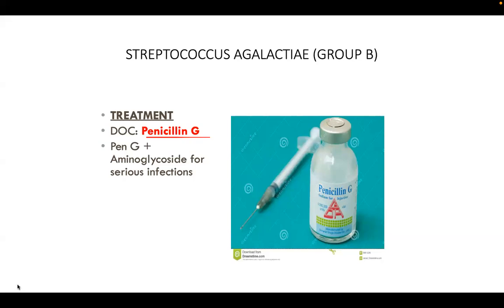So always remember, first line is penicillin. Let's emphasize that. First line is penicillin. We add aminoglycosides if it is a serious infection or the child is septic.